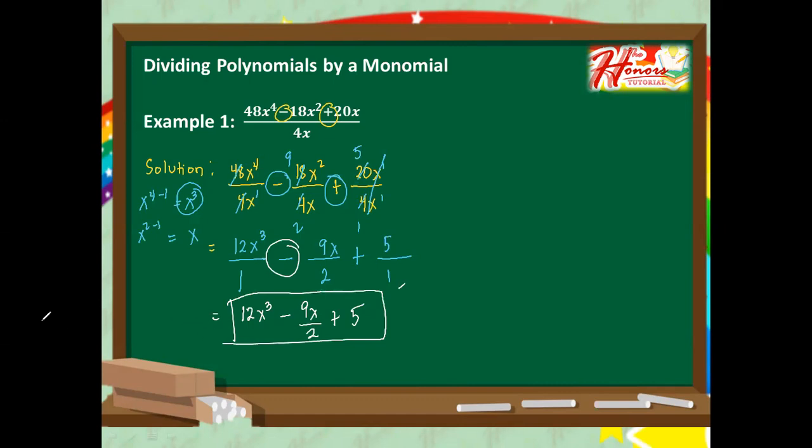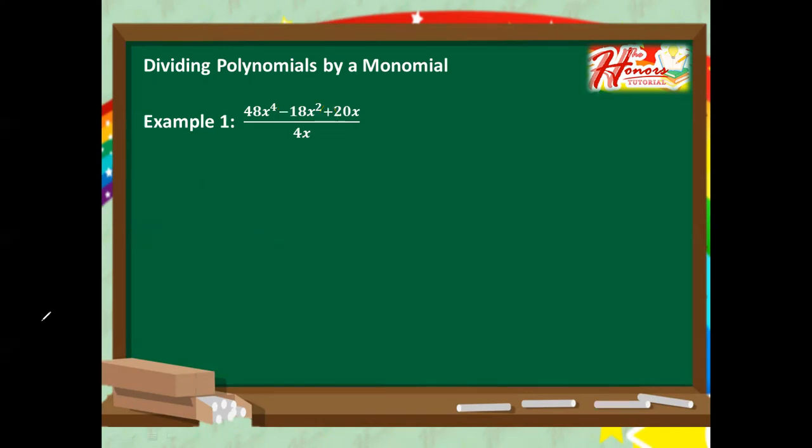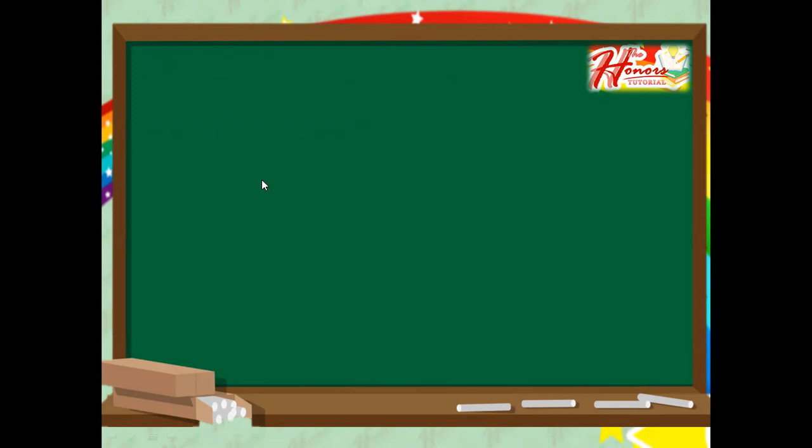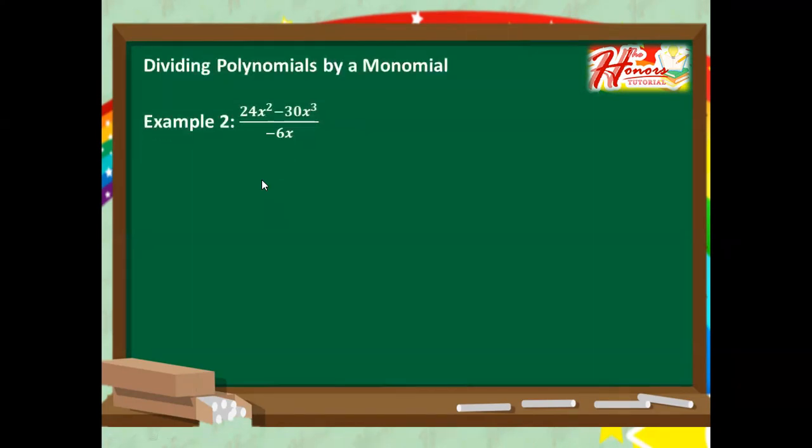Next, let's have number 2. So we have here 24x squared minus 30x cubed minus 6x.